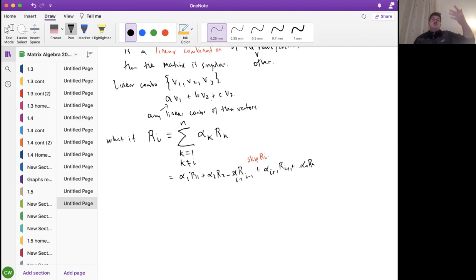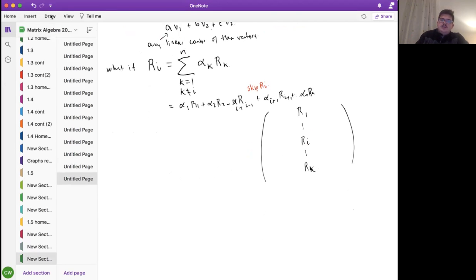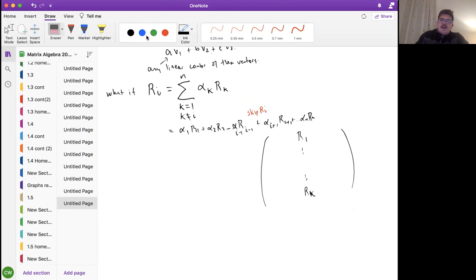Well, then none of these rows are equal necessarily, but I'm saying that a linear combination of some of the rows is equal to another row. So like, let's say I have row 1, row I, row k. Saying that this row I is actually just like alpha 1 row 1 plus alpha 2 row 2, and then like alpha n row n.